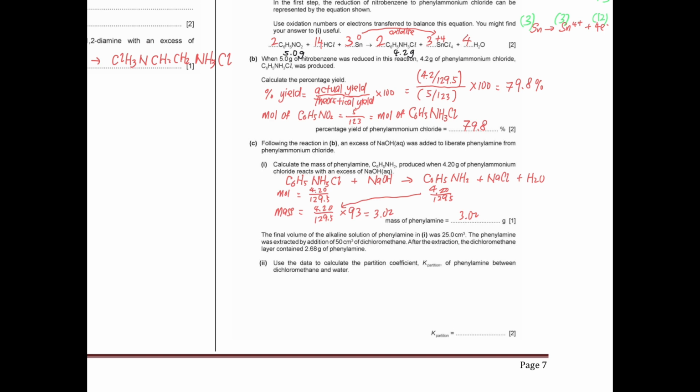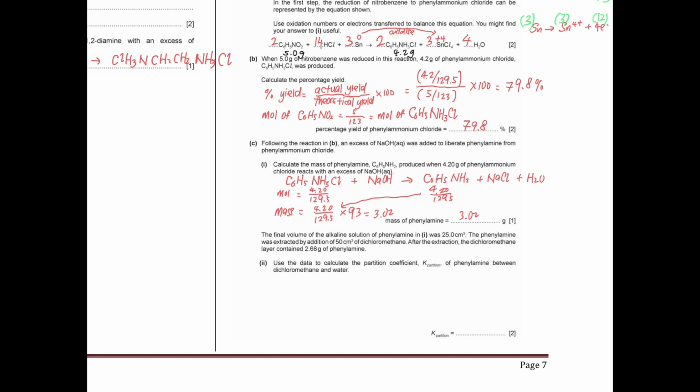The phenylamine was extracted by additions of 50 cm3 of dichloromethane. After the extraction, the dichloromethane layer contained 2.68 gram of phenylamine.